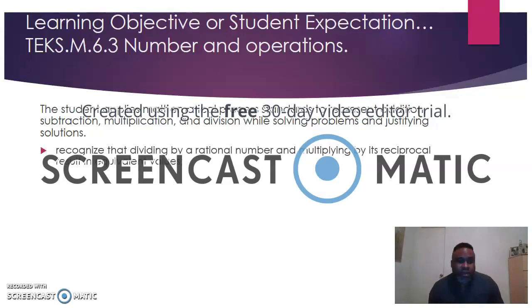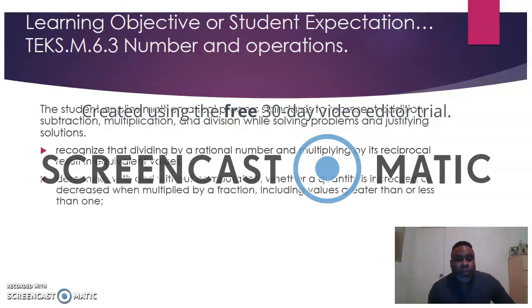They should be able to recognize that dividing by a rational number and multiplying by its reciprocal results in equivalent values. Determine with and without computation whether a quantity is increased or decreased when multiplied by a fraction, including values greater than or less than 1.